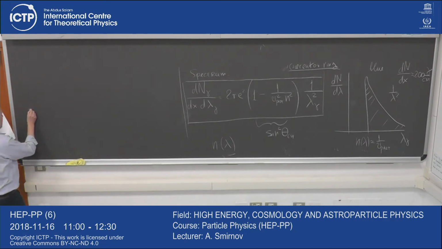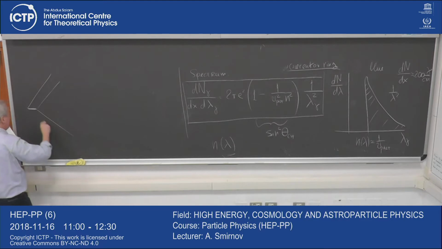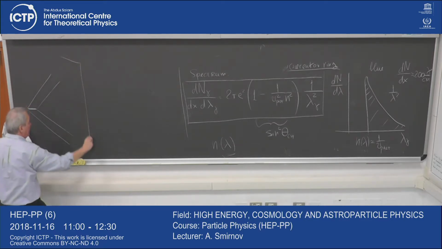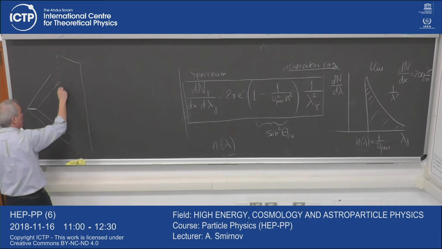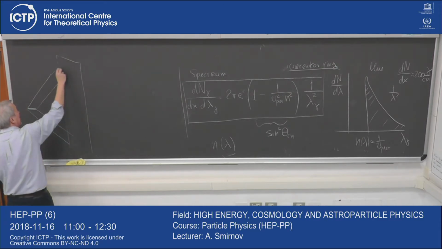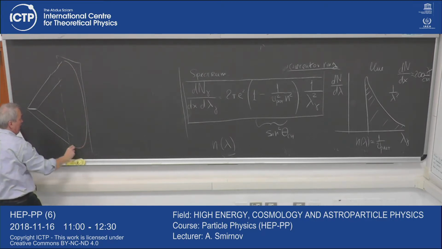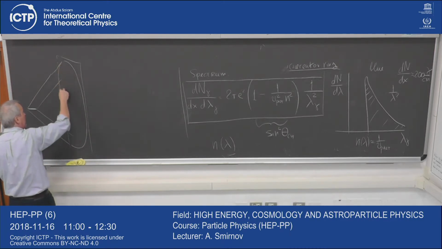Again, let me draw this picture. You have, say, the trajectory of the particle, and then it emits light. And if you have a wall with photomultipliers, then you will see the ring formed by this emitted light.